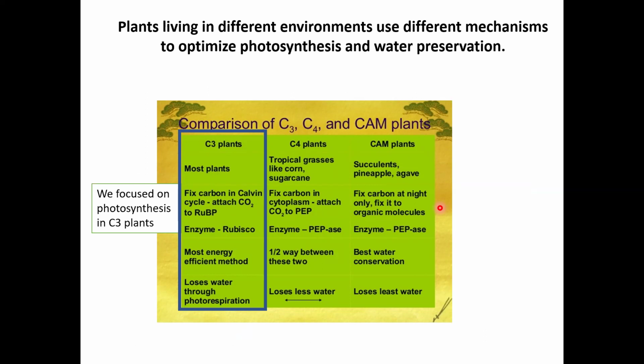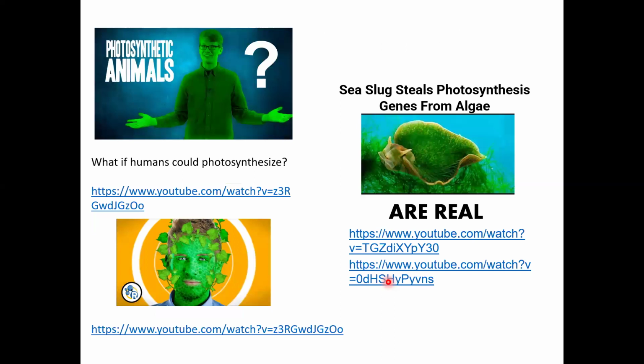The ones that we primarily focused on with photosynthesis are C3 plants, but there are also C4 plants and CAM plants, where they have different processes, or different enzymes they use, to help with water conservation when it comes to the environment, to preserve themselves in different conditions.